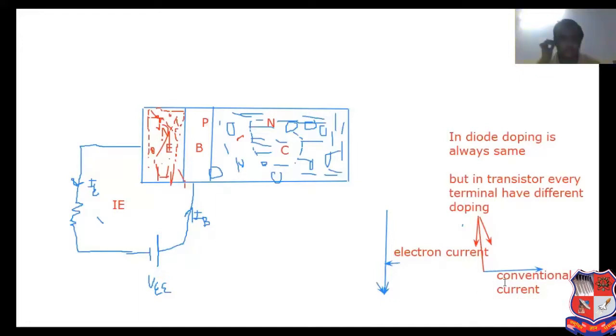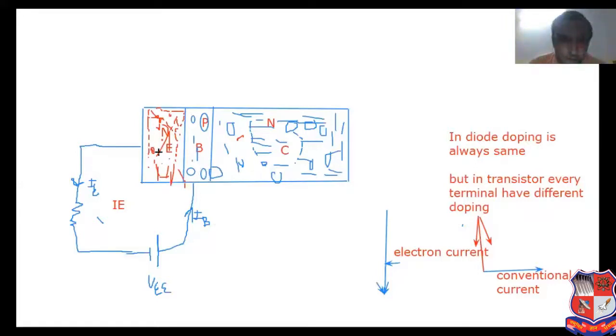Now try to understand the base-emitter junction connected in forward bias. Here in the base terminal there is also a large number of holes present. See this symbol of hole. Holes can be indicated with blue.